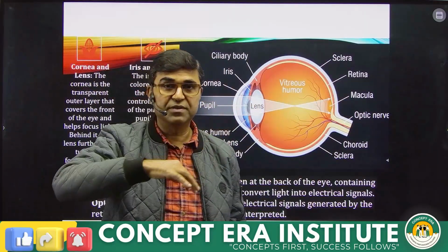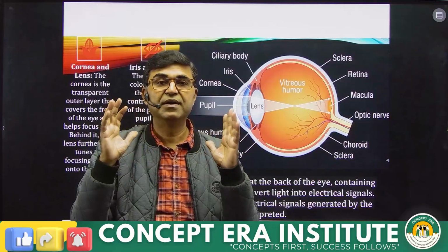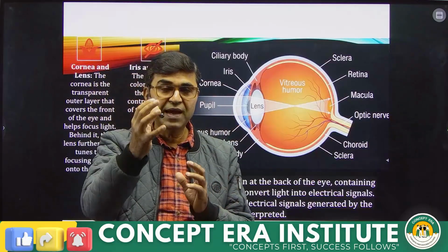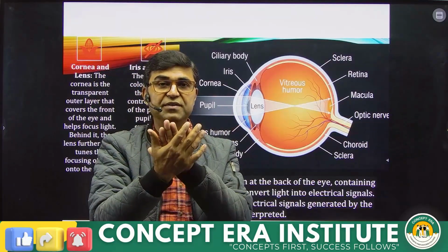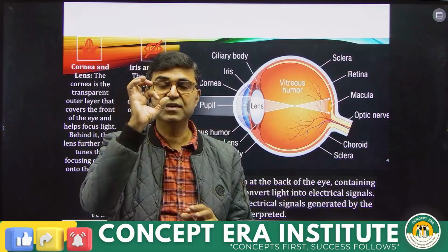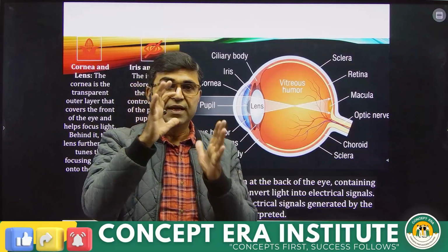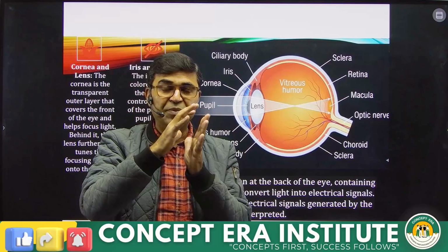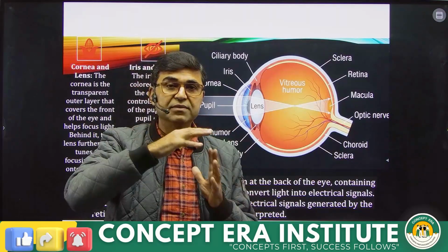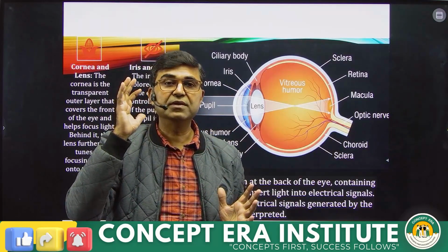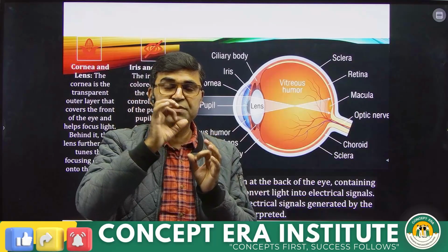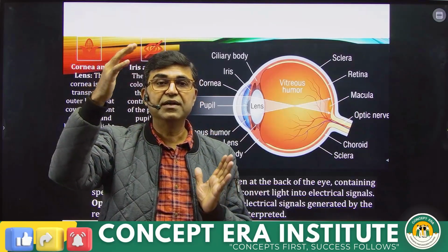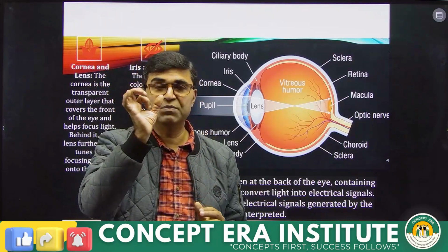Iris is circular. You've seen an umbrella, it is circular, and in place of the point, we assume that there is a hole. So if the membrane of the umbrella contracts, the hole becomes bigger, and if that membrane expands, the hole becomes smaller.